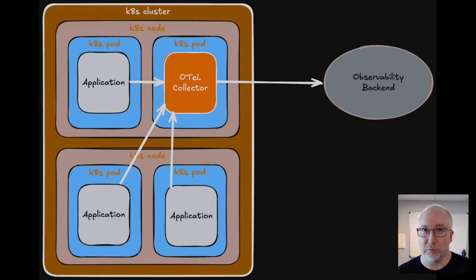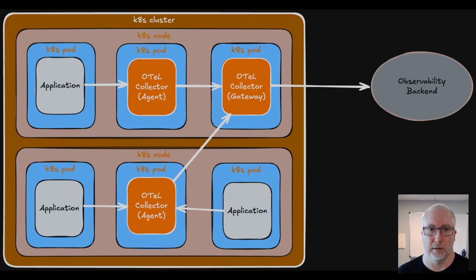We may have some replica counts there to increase the number of instances to handle load, but there'll only be one single deployment type configuration. Now for today's video, we're going to extend a previous video where we had the collector deployed as an agent, and we're going to have them send telemetry to this gateway collector.